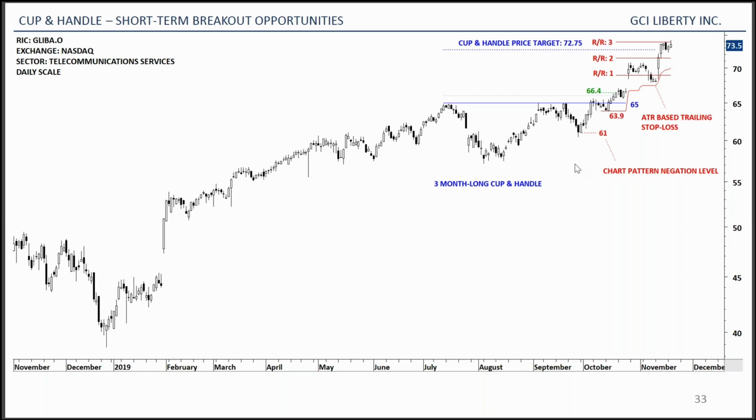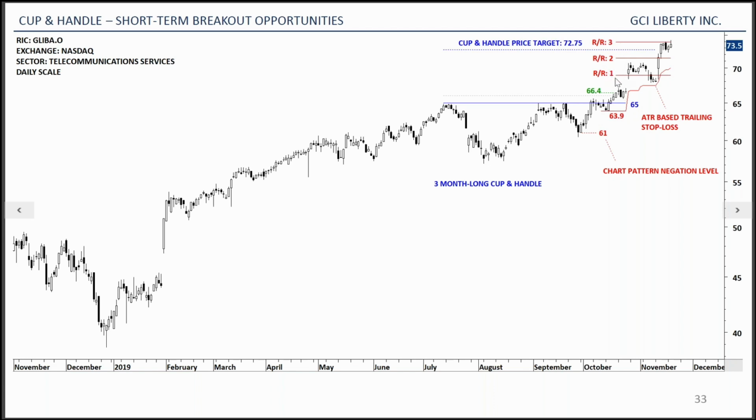Now, another logical point would be a minor low, because if that low is breached on the downside, that support is broken basically, other than the chart pattern boundary. So if you place your stop loss at this minor low, which is 63.9, and your entry is 66.4, the difference here added to the entry level, risk reward 1, risk reward 2, risk reward 3.